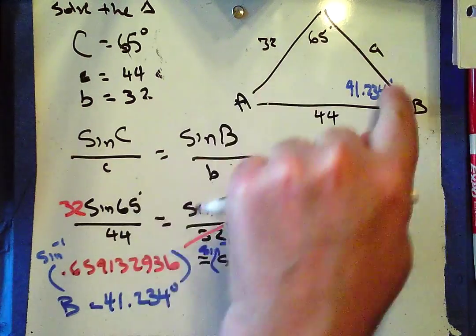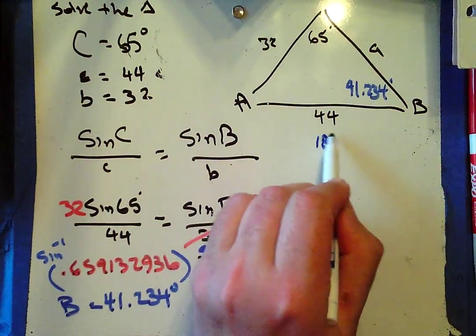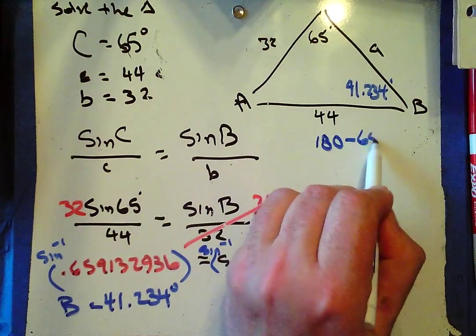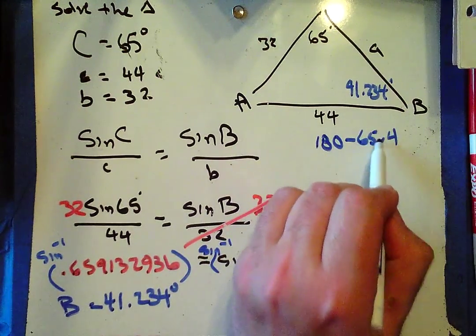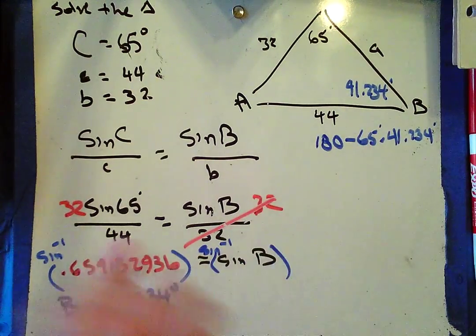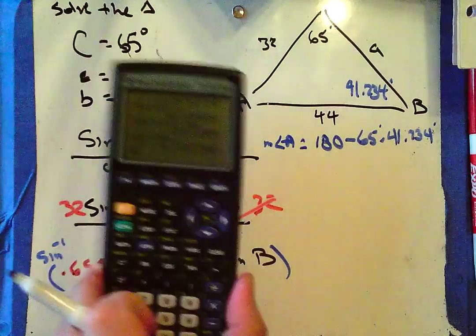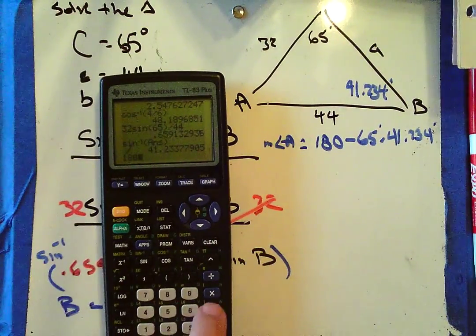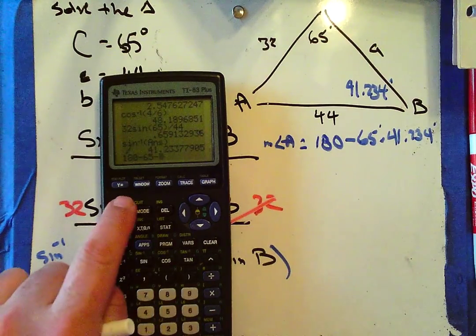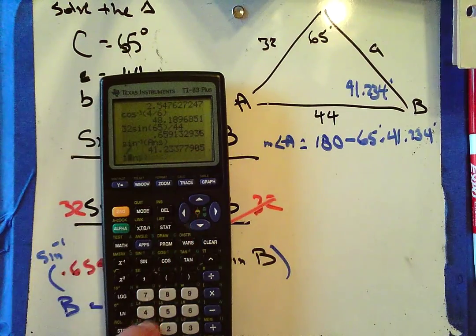Well, I know all the angles of a triangle should add up to 180. So if I do 180 minus 65 minus 41.234, I'll end up with the measure of angle A. So 180 minus 65 minus the angle we just found.